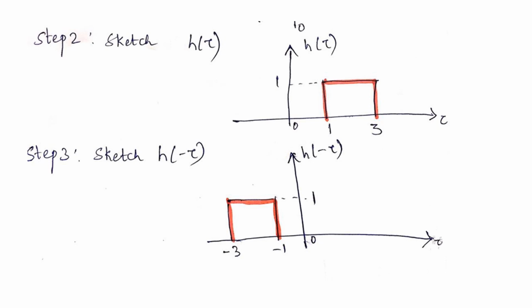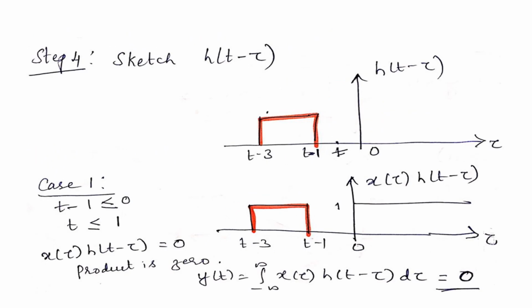Once we have time reversed or folded h of tau, the next step is to compute h of t minus tau, or shift the time reversed signal. So step 4, h of t minus tau, is what we have to compute. In the process, we have sketched h of t minus tau.